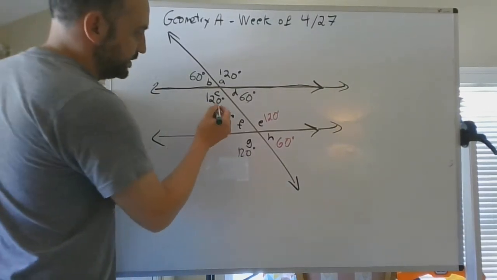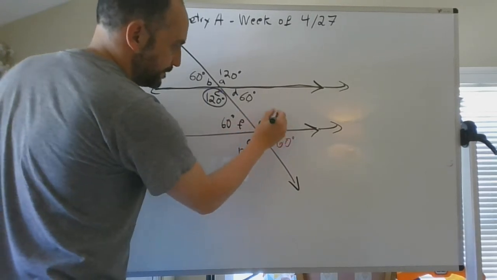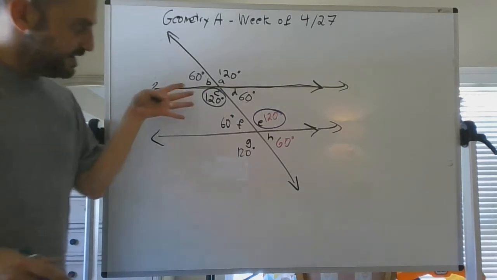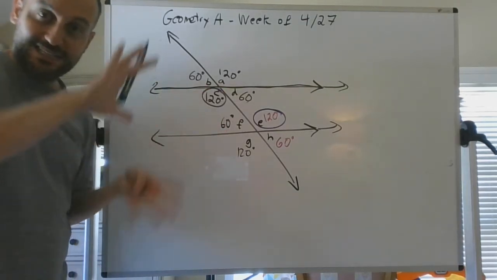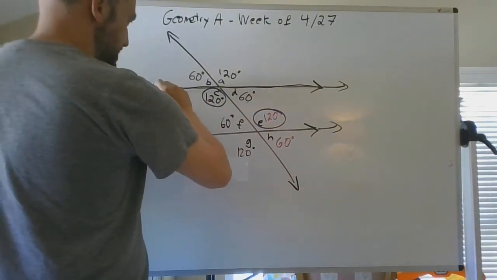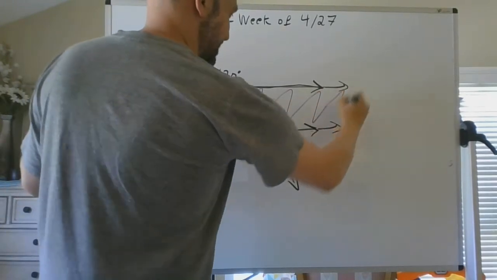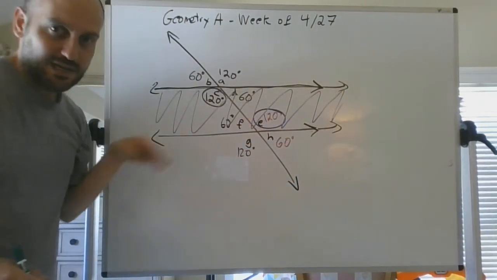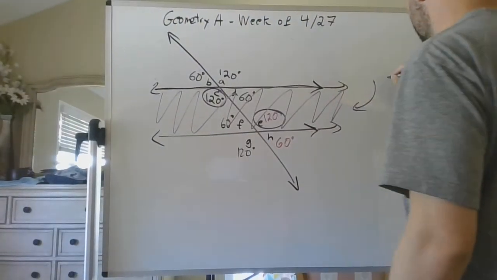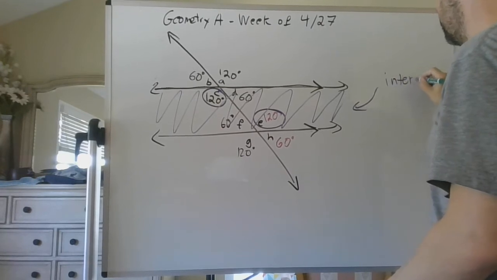So let's take a look at C and E. What I want you to notice is this. When you have parallel lines, there are two kinds of sections here. One section is this, and I'm going to do it lightly. You guys see what's in between those two lines? In between those two lines, we call that the interior.